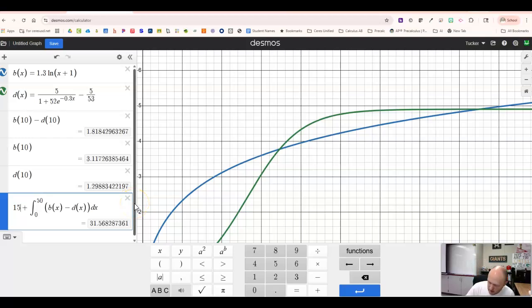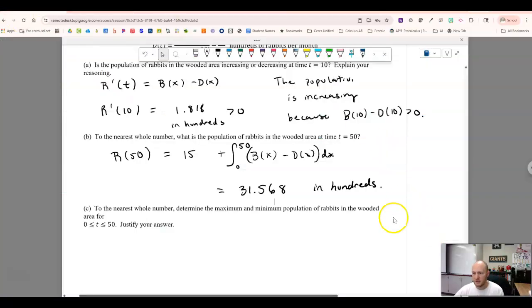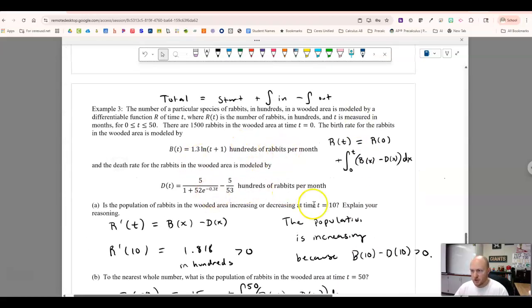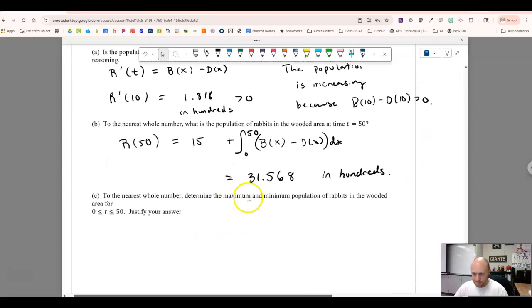And there we go, I think that's our answer. So it'd be 31.568 rabbits in hundreds. Okay, so that was a little tweak. These are going to be in hundreds, so I want to make sure that my initial value is also in hundreds. So 15 in hundreds.